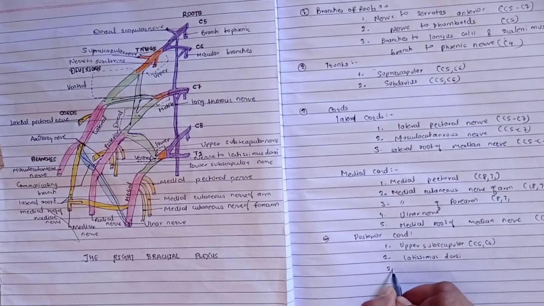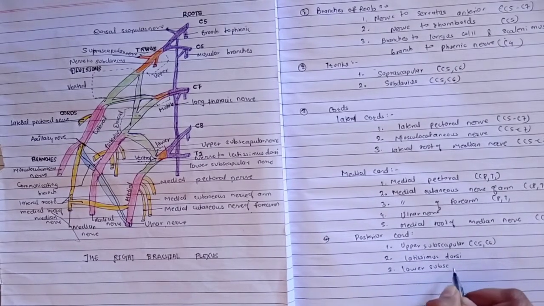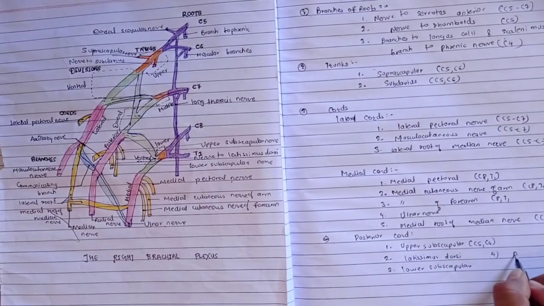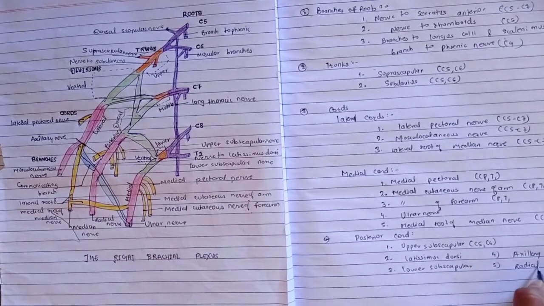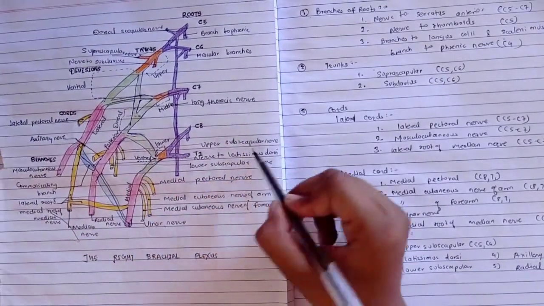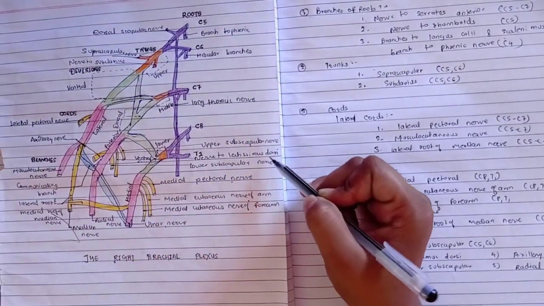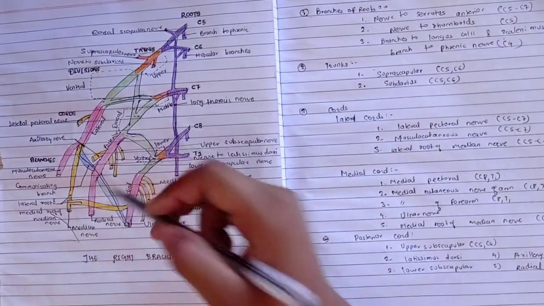Number 3 is lower subscapular. 4th is axillary, and 5th is radial nerve. So the branches of the posterior cord are upper subscapular, nerve to latissimus dorsi, lower subscapular, axillary nerve, and radial nerve.